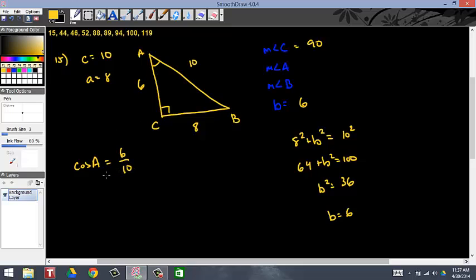Then you divide 6 by 10 in your calculator, and then you do inverse cosine of that. So A is going to equal 53.13 degrees. And then you add that to 90, and subtract that from 180. So the measure of angle B should be 36.87 degrees. And this is all you need for your answer.